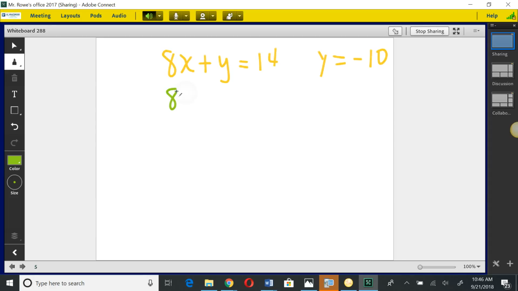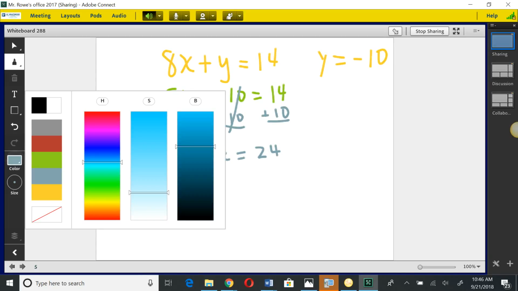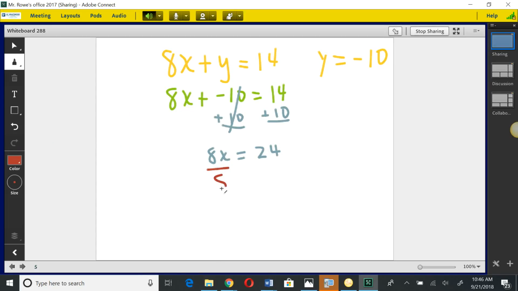So now I'm just going to substitute. I'm going to solve for x. Add 10 to each side. And when I solve this one-step equation, look at that, x equals 3. So my final solution will be 3, negative 10.